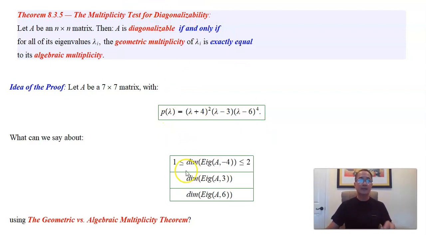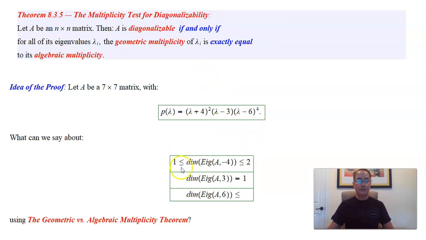Okay? So similarly for lambda equals 3, oh wait, no, not quite similarly, we can say something more. Because that power is exactly 1, that dimension is exactly 1. Okay. The lambda equals 6 eigenspace is at most 4-dimensional.